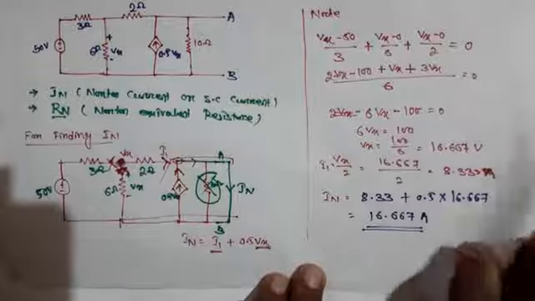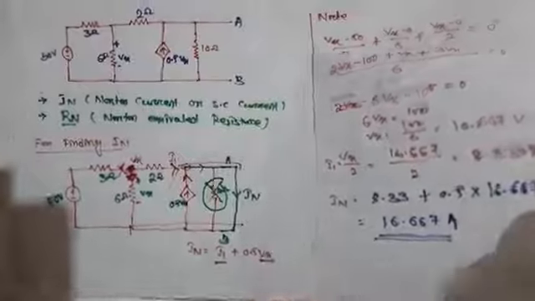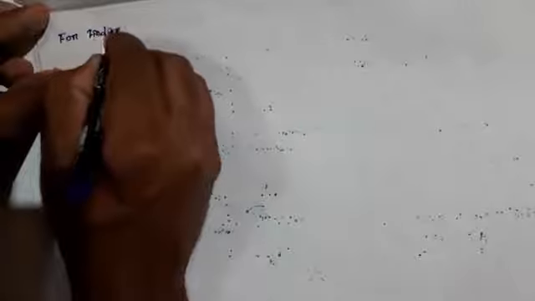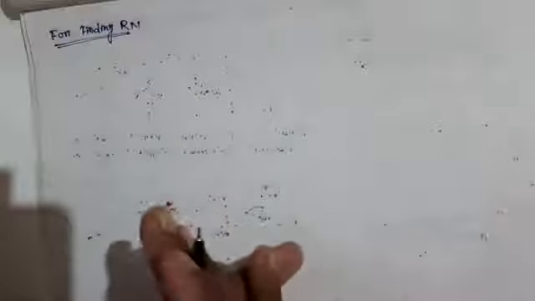Then for finding Rn, in a previous video where only independent sources were present, for finding the Norton equivalent resistance there was one easiest method.